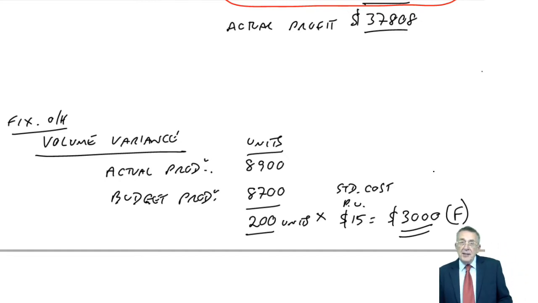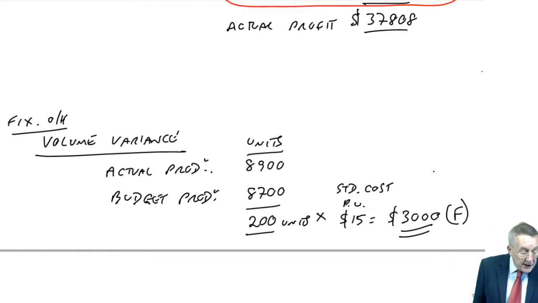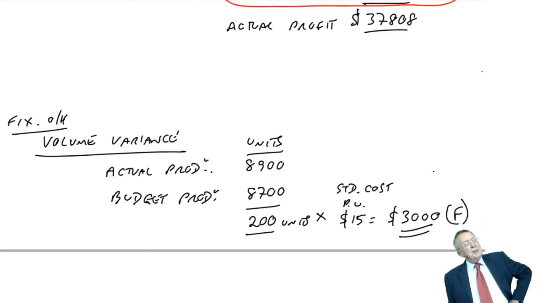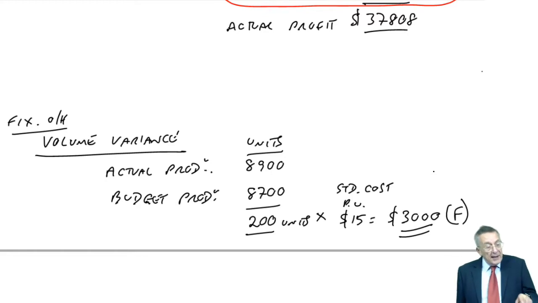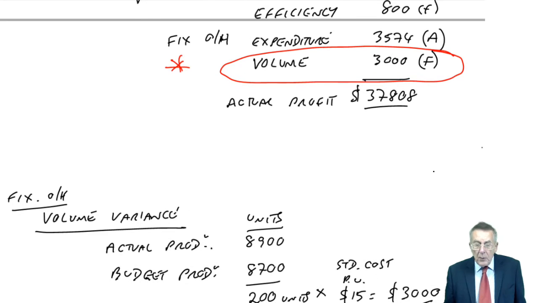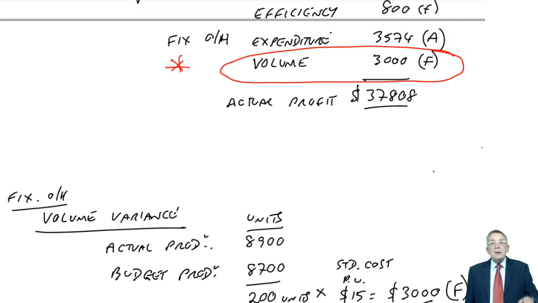But another reason could be this. When we did our budget, we budgeted on producing 8,700 units. Why didn't we budget on producing more? Maybe we could only produce 8,700 because we only had enough labour to produce 8,700. And if that was the case, how have we managed to produce more? Two ways. Either we've managed to get more labour than I expected.